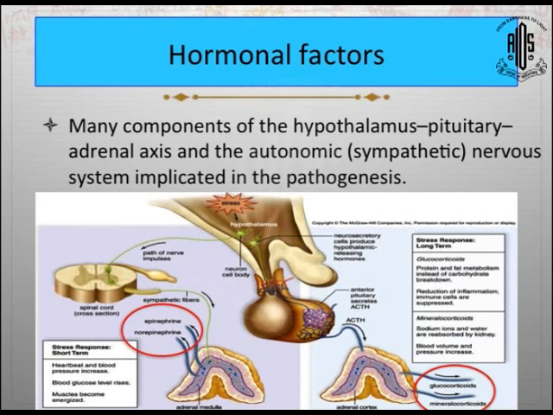Many components of the hypothalamus, pituitary, adrenal axis and the autonomic nervous system are responsible for the pathogenesis. In this, the hypothalamus pituitary adrenal axis is responsible for the release of glucocorticoids and mineralocorticoids, and the sympathetic nervous system increases the release of epinephrine and norepinephrine, which are further responsible for CSR.